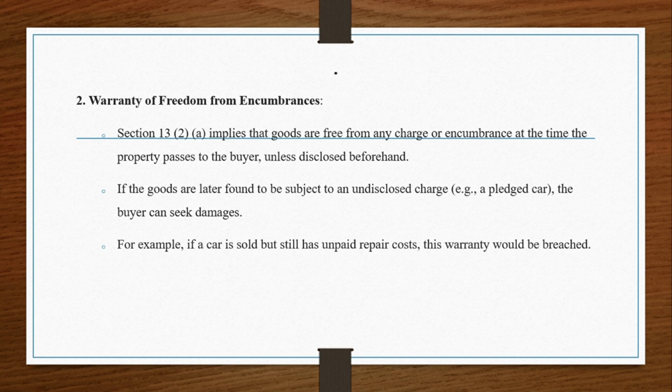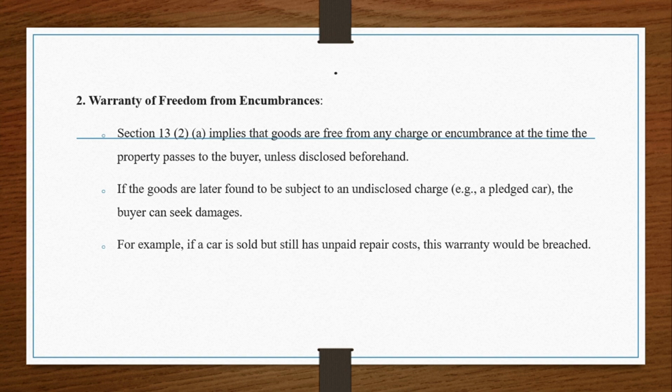If it is land, like the previous owner doesn't demand anything, like there is no one who has any claim with that land, so it must be free from any charge or encumbrance at the time the property passes to the buyer, unless it has been disclosed before the contract.